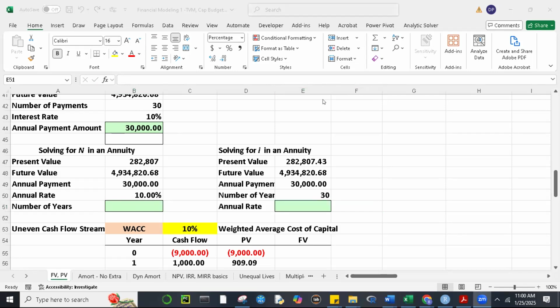I want you to be honest and tell me if you were able to get 30 for NPER and 10% for rate. Yes or no?